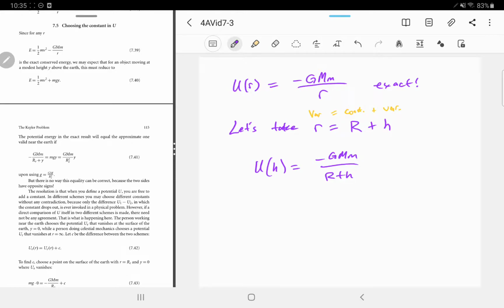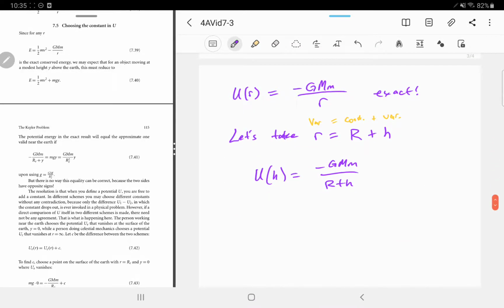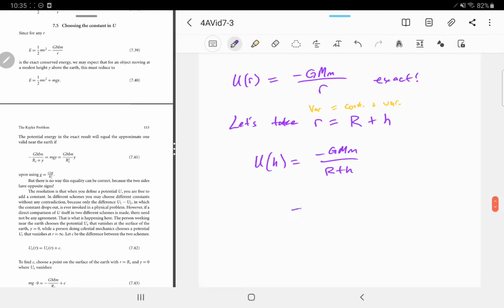Okay, so again, this doesn't look exactly like the binomial series expansion, but we can rewrite it in a way that's more suggestive, just like with that example problem. So let me factor out an r, so this is 1 plus h over r.